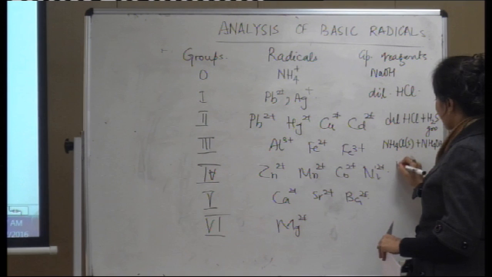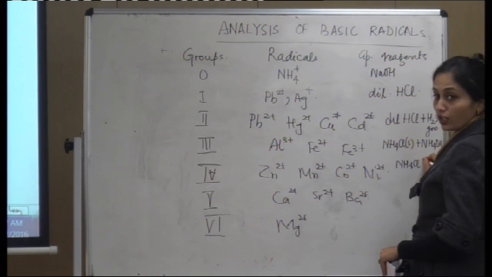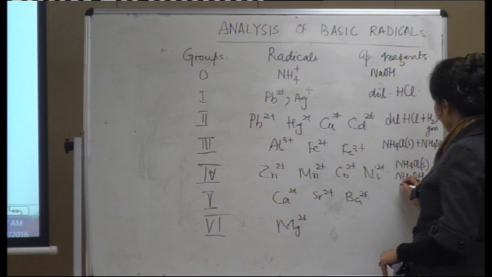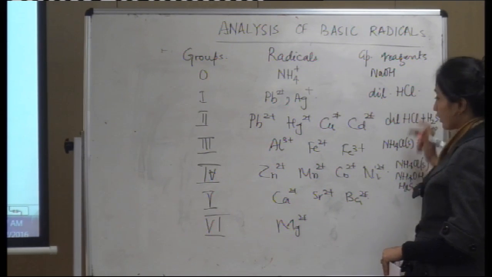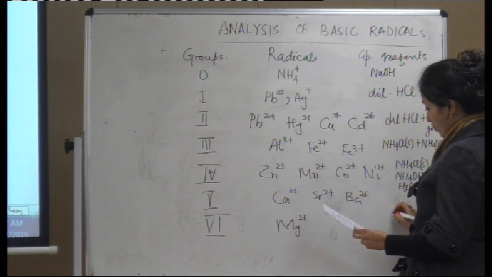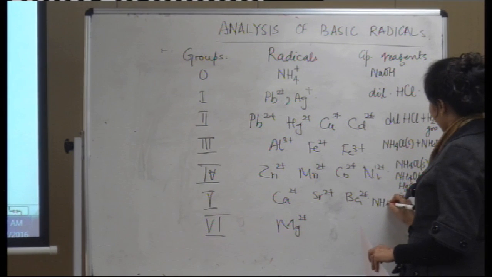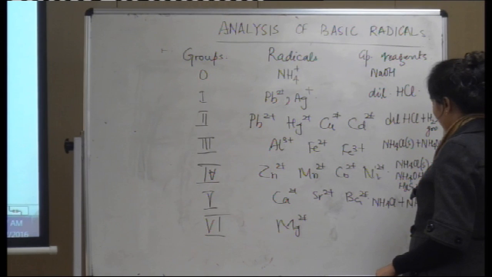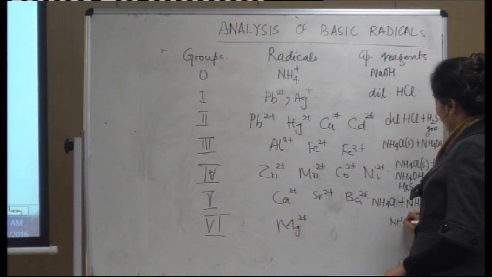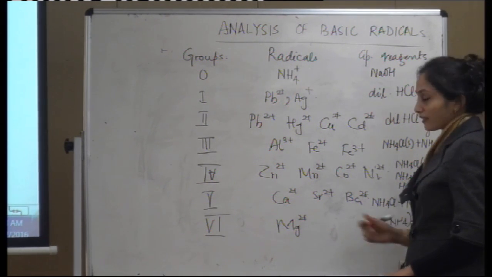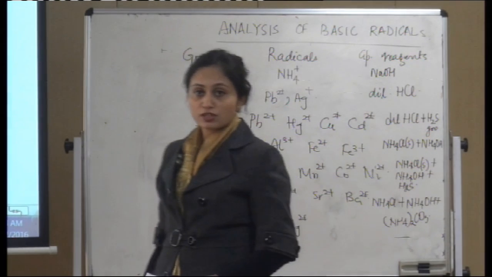Then in the next case NH4Cl solid plus NH4OH solution plus H2S gas. In group 2 and group 4 you pass H2S gas. And then in group 5 you have NH4Cl plus NH4OH plus ammonium carbonate, (NH4)2CO3. And then magnesium again is a direct confirmatory test, so we'll just discuss that.